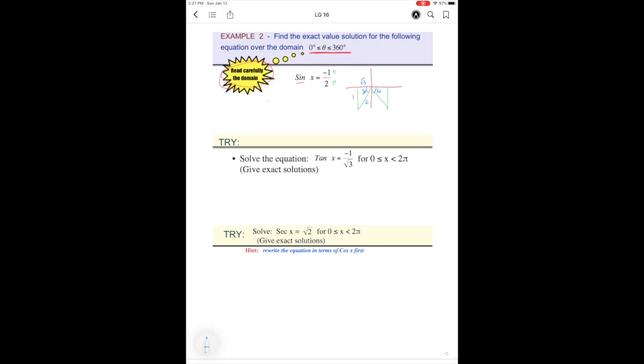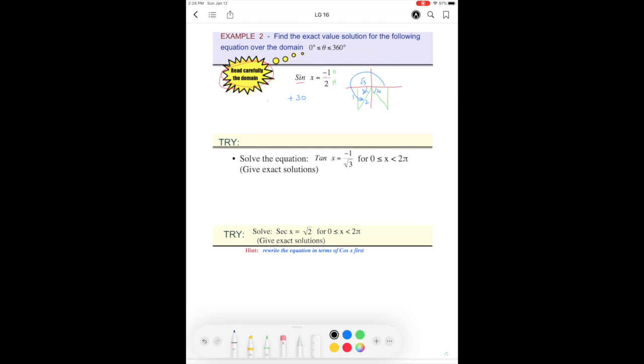Now the last thing we have to do after we found the reference angle is we have to find theta. So we're going from here all the way to there. So we go to pi and we add 30. So my mistake, because I was thinking radians. So what we have to do here is make sure that this is in degrees.